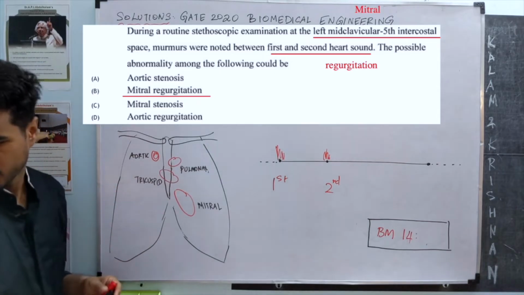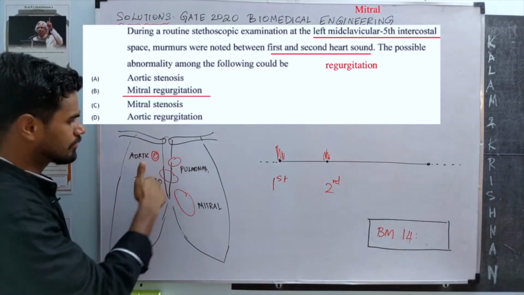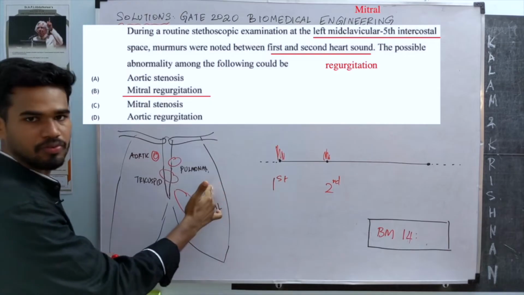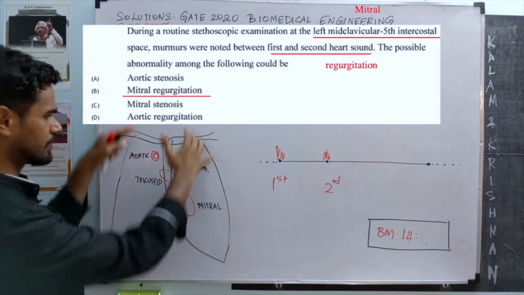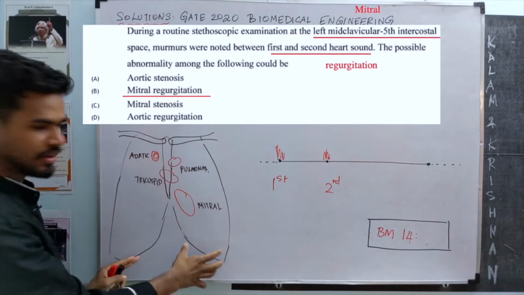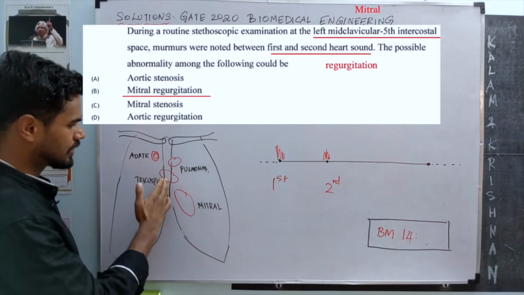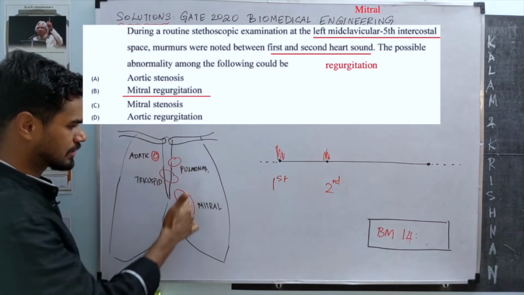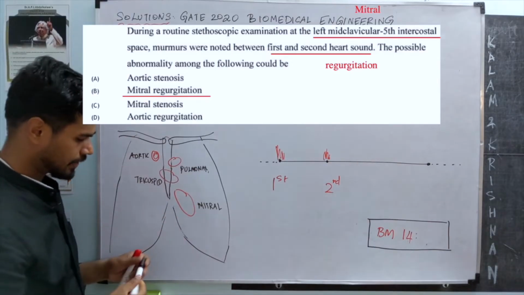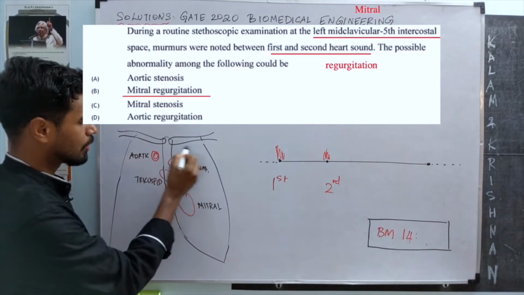Essentially the left midclavicular line is on the side of the chest. So we have the rib cage over here, right? The heart is oriented like this, and the left midclavicular line is somewhere in this region. Intercostal is nothing but, we have all these ribs, right?